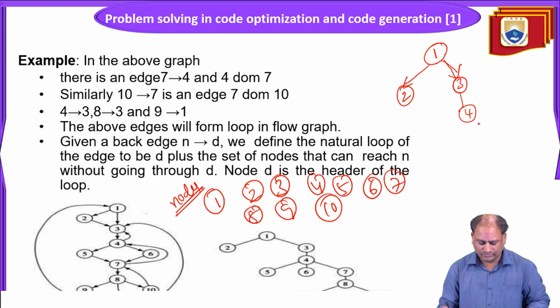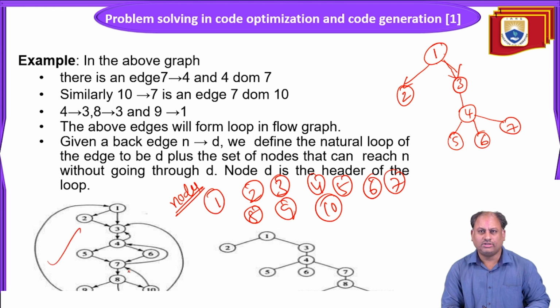And for 4, the associations are 5, 6, and then 7. So in this graph, we look at 4, 5, 6: from 4 to 5, 4 to 6, and then 5, 6, 7.